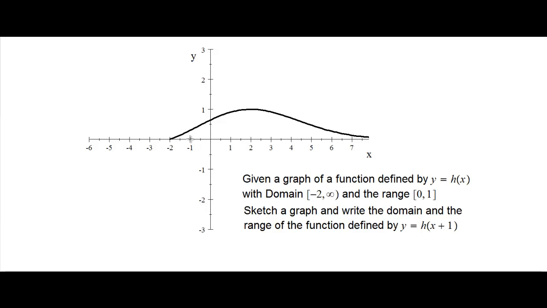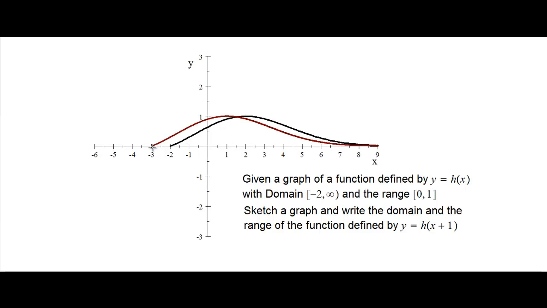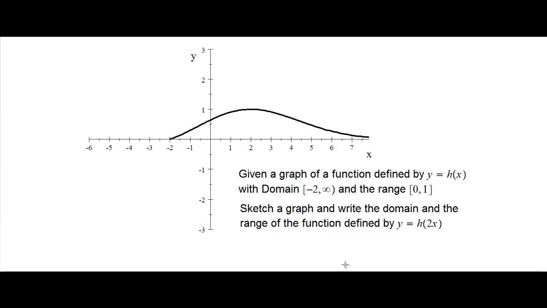In this case, we will have a horizontal shift to the left by 1 unit, and the new graph should look like this red graph starting at negative 3, 0 here. The domain will be all real numbers greater than or equal to negative 3, or the interval starting at negative 3 going all the way to infinity, and the range remains the same, from 0 to 1.